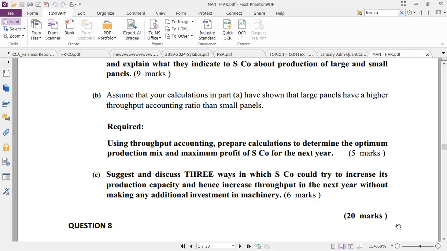Obviously, here you are restricted. You're not given free will. Without making any additional investment, without buying a new machine. Don't buy a machine, but increase your capacity.